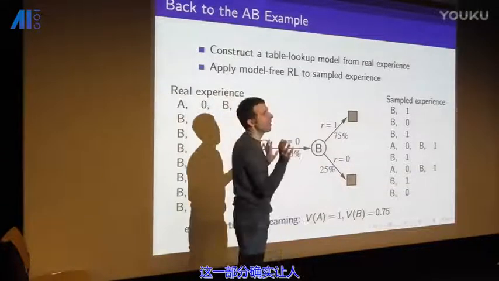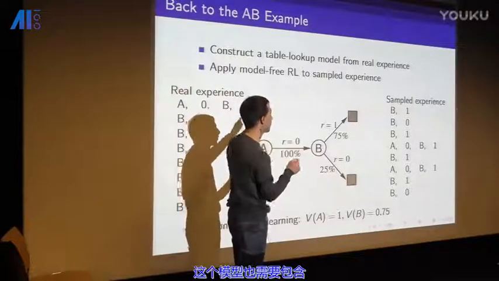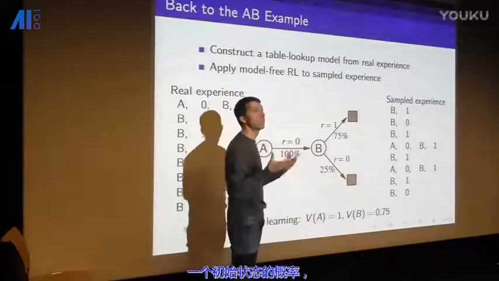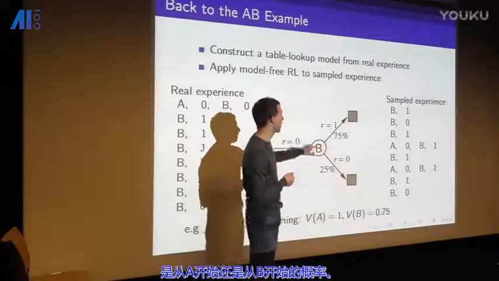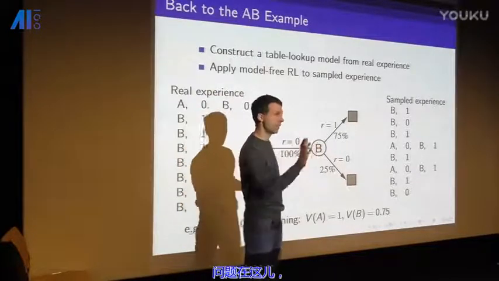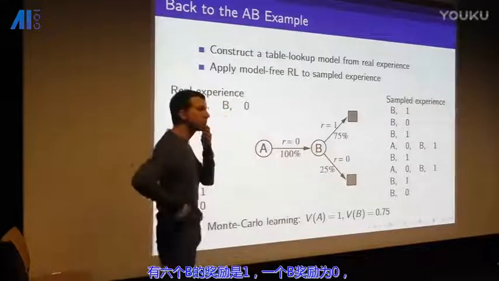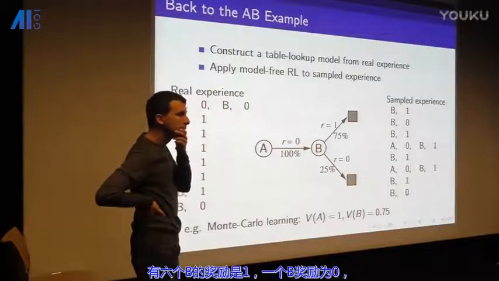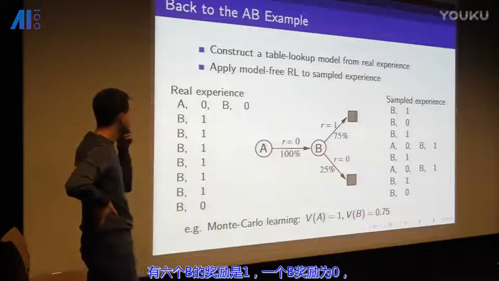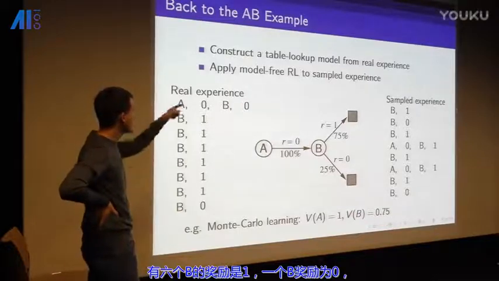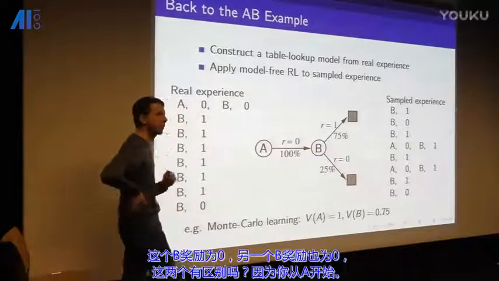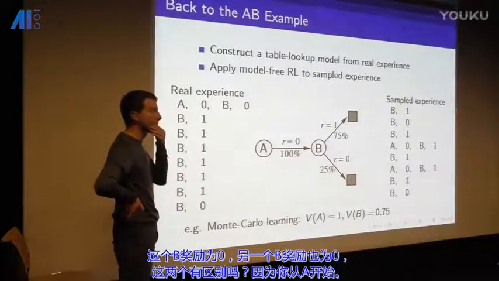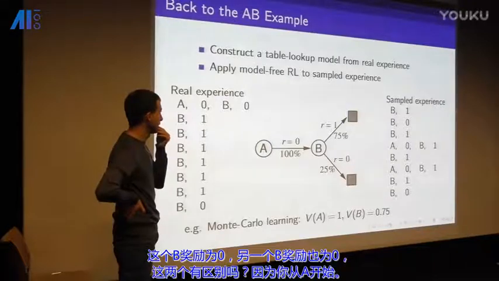And the missing part, which is maybe what's confusing people, is the model also needs to include an initial start state, like some probability of do I start in A or B. So let's say that we have that probability as well. The problem is here, 6 times from B you get 1, and 2 times you get 0. From this B you got 0, and from this B you got 0. Alright, but isn't that the difference? Because you start from A, you still have that.